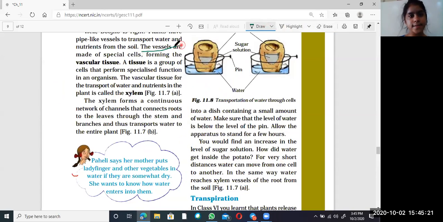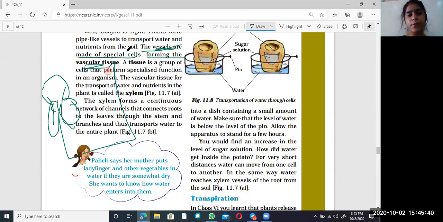So the vessels are made up of special cells. अब देखो जो vessels होती हैं उनको हम special cells बनाते हैं जो आपका vascular tissue बनाता है. If this is my plant standing here, इसकी जो roots हैं, इसका जो trunk है, it would be made up of special type of tissue.